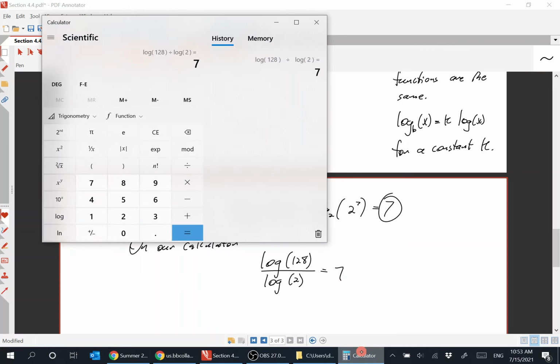You don't get any rounding errors when you do that. Calculators have some kind of subroutines in them that detect that. So log 128 divided by log 2 is the log base 2 of 128, which we know to be 7.